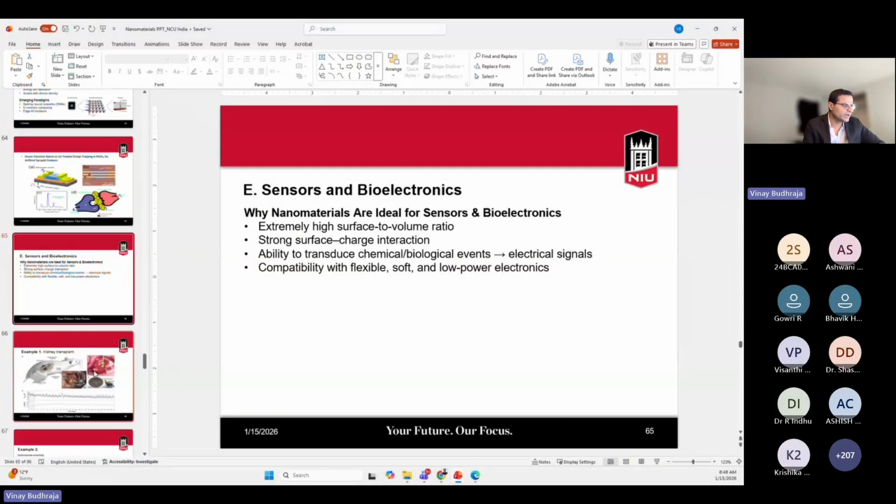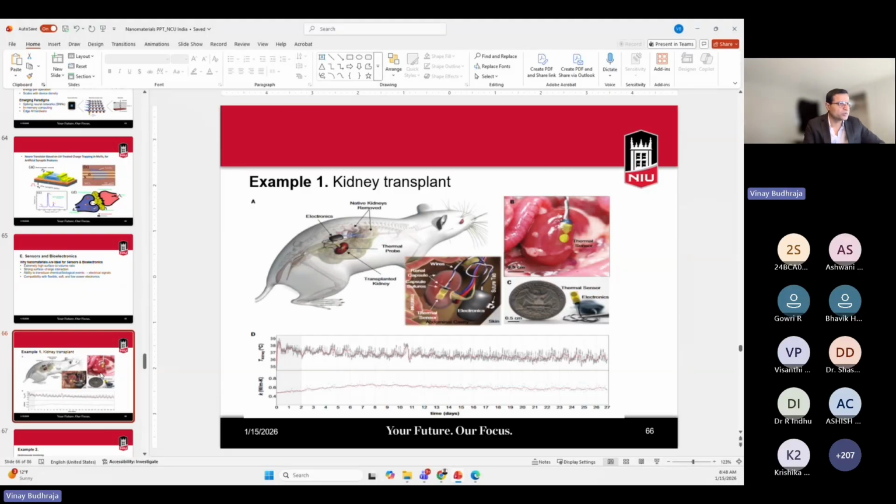I will cover some nice applications of this technology. The first is in kidney transplant. You can see different types of sensors, like temperature sensors, pressure sensors, and other OECT-based sensors, all made on the same substrate. The study was done on mice, and the signal response was noticed, with device sizes of a few microns.